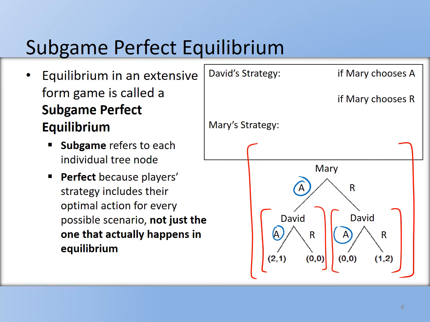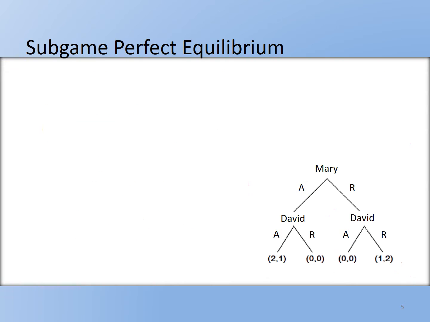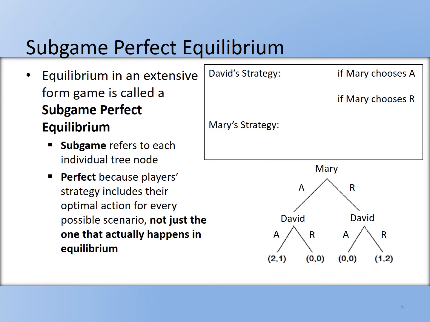So when you write down the strategy for David, because his plan involves multiple possibilities, you can say its plan involves multiple possibilities. When you write out the solution, in this case, David's strategy depends on what Mary actually chooses.